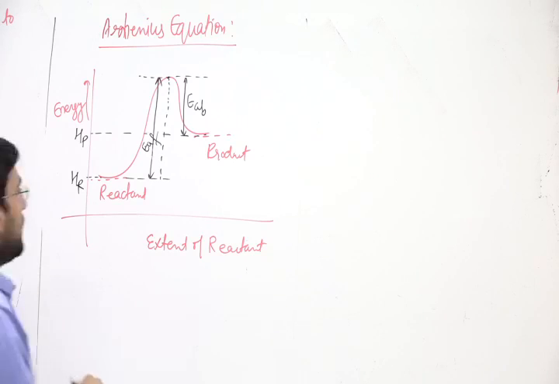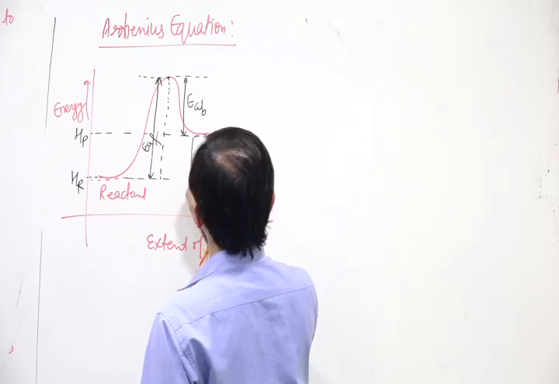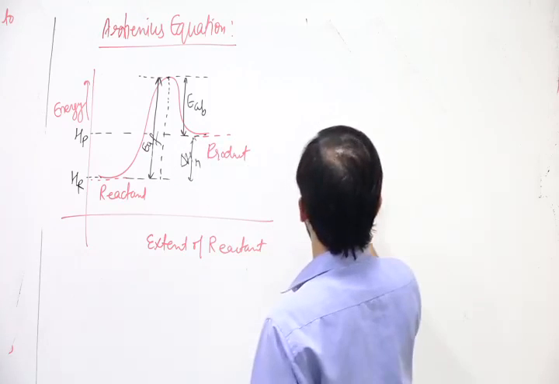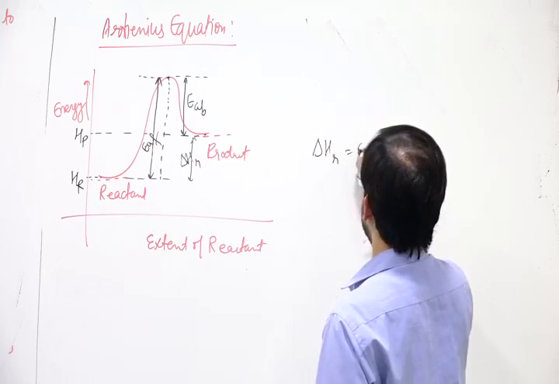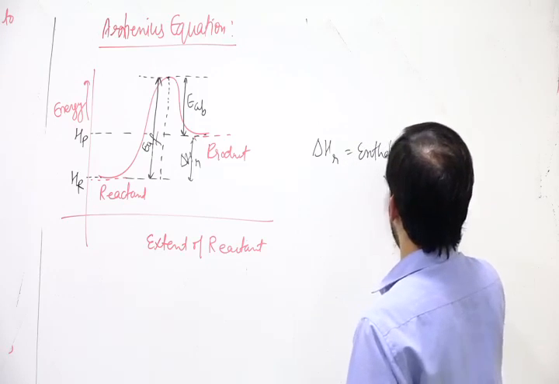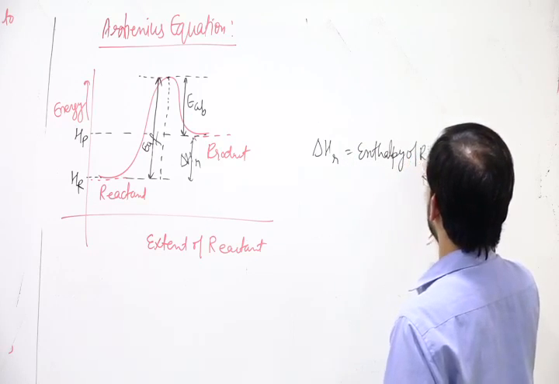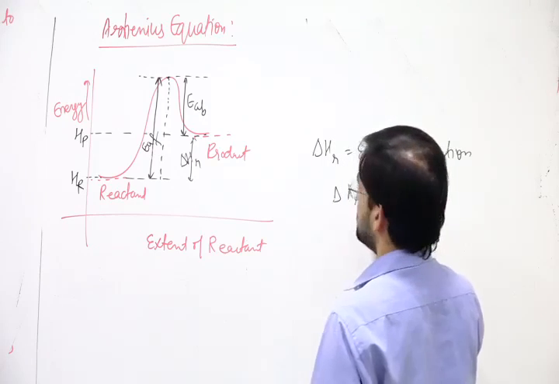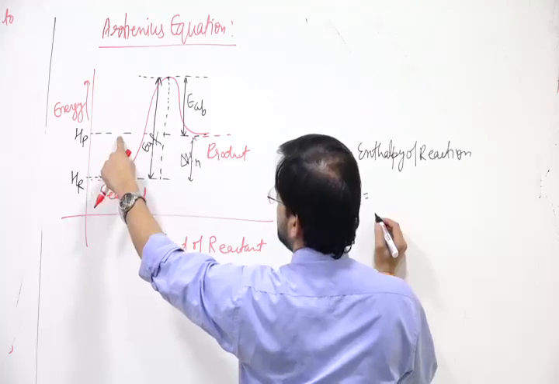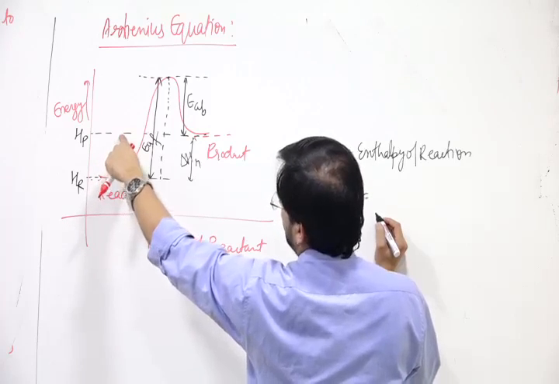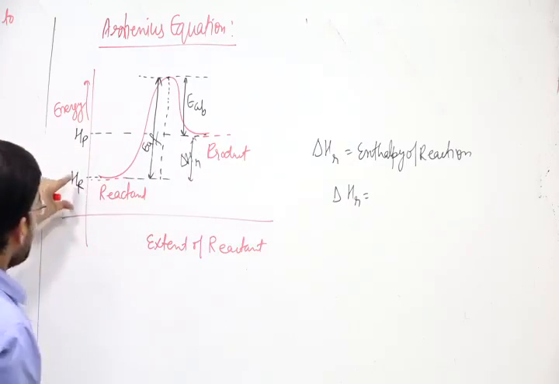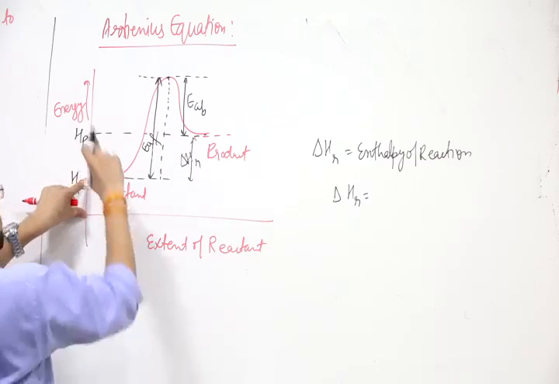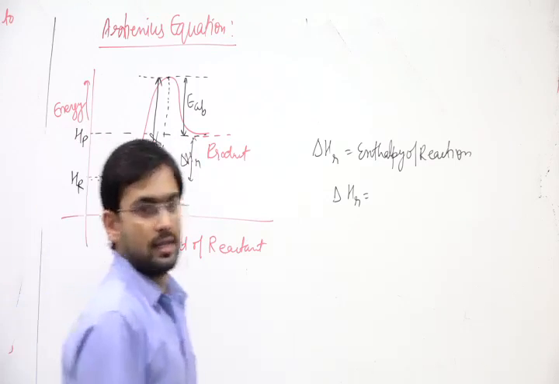This difference is known as delta HR, the enthalpy of reaction. So HR plus delta HR gives HP.